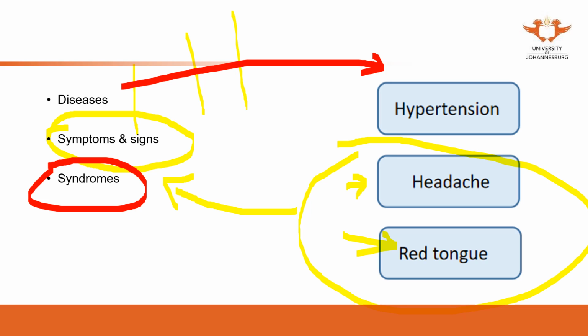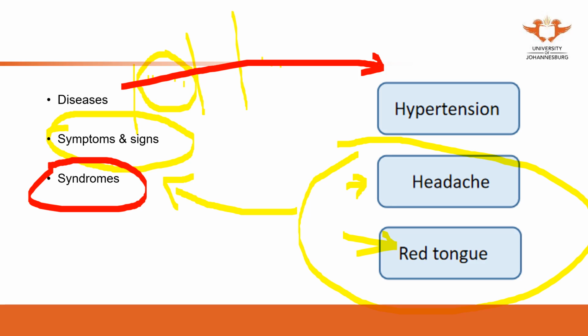So now from the clarification, you will understand that a disease refers to the whole process. Symptoms and signs refer to the specific symptoms and signs, and syndromes refer to a group of symptoms and signs at a specific stage of the disease.